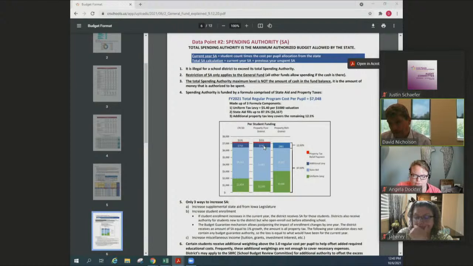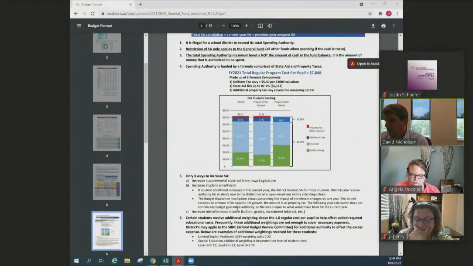The state is using save revenue to buy down property taxes in districts with poor assessed valuation per pupil. That is how spending authority differs from district to district, and how they receive their funding. An Osage's state aid payments would be a lot less than Cedar Rapids'.